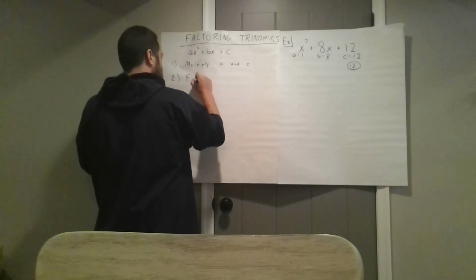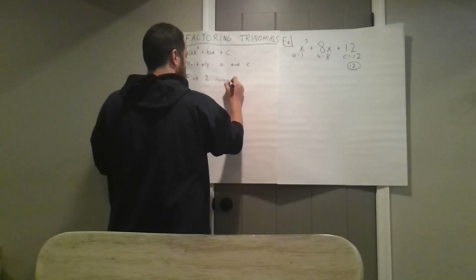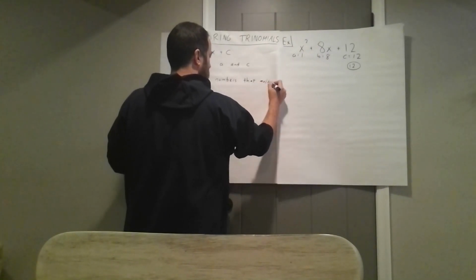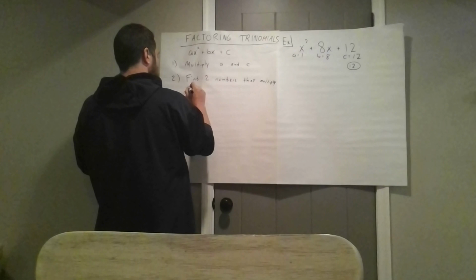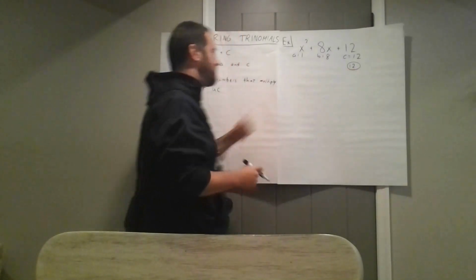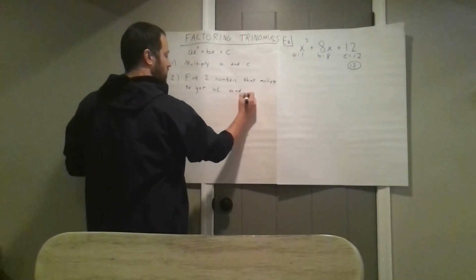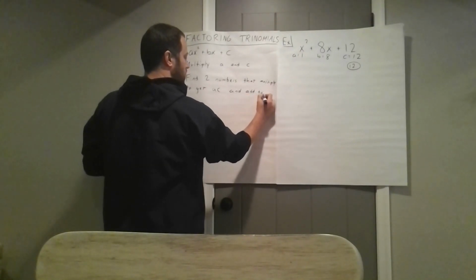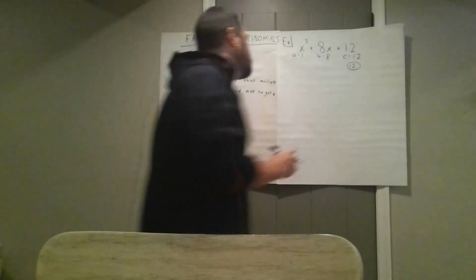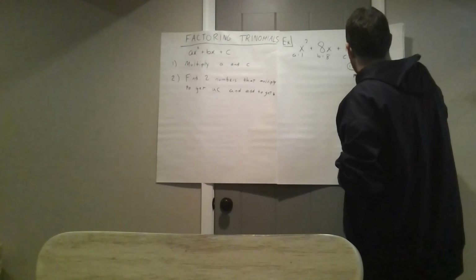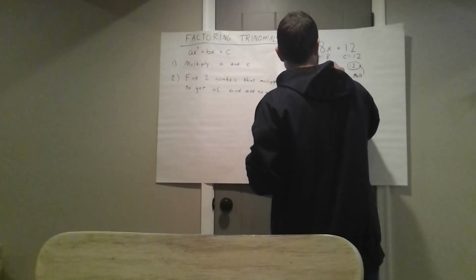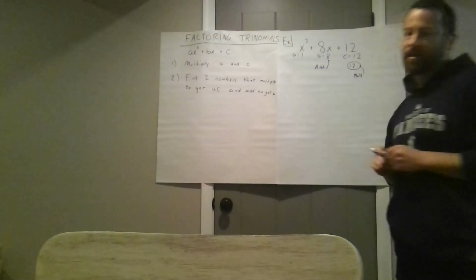We're going to find 2 numbers that multiply to get AC, that's our product right there, and add to get B. So we're trying to think of the 2 numbers that multiply to get 12 and add to get 8.